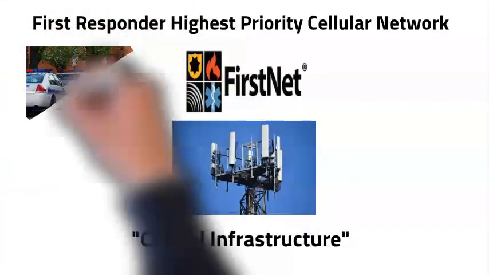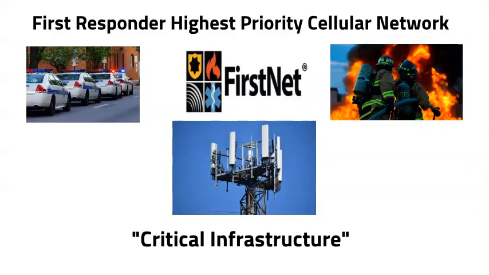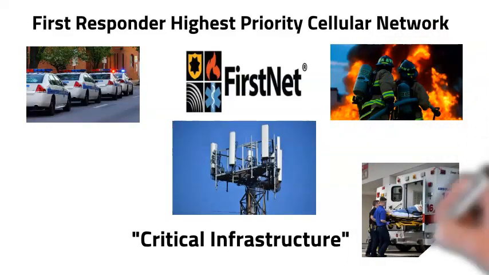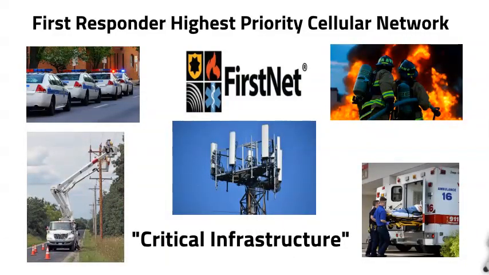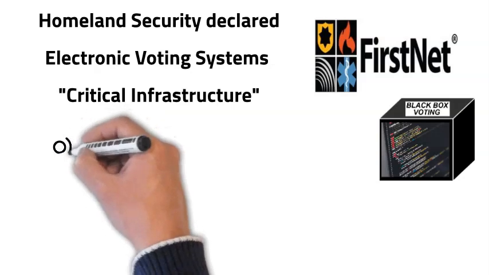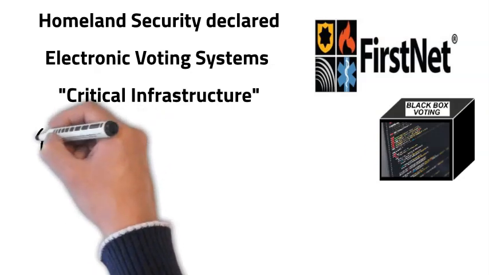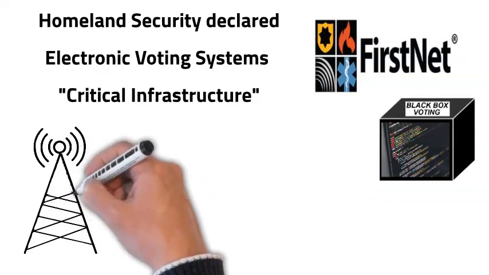In addition, as first responders, police, fire, medical, and utilities are considered critical infrastructure and are provided the highest, always-on, priority cell communications from AT&T's cellular communication system named FirstNet. The Department of Homeland Security has declared election systems as critical infrastructure, and therefore are open to the same high priority, always-on, cell communication systems as first responders.